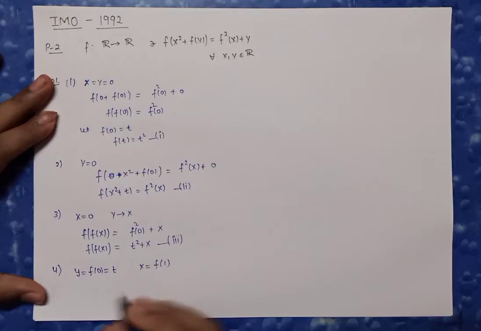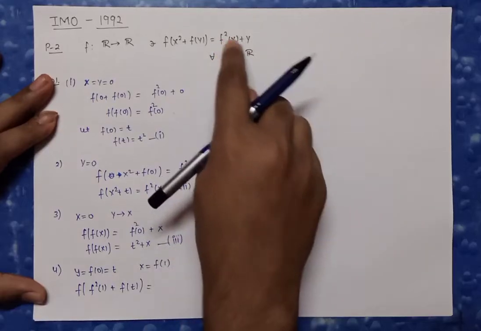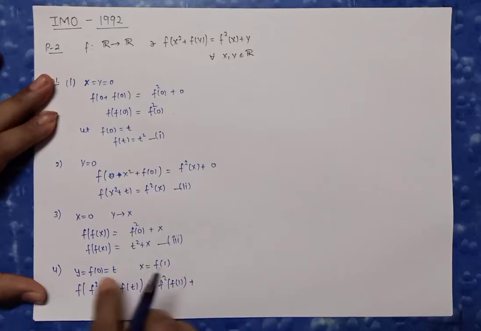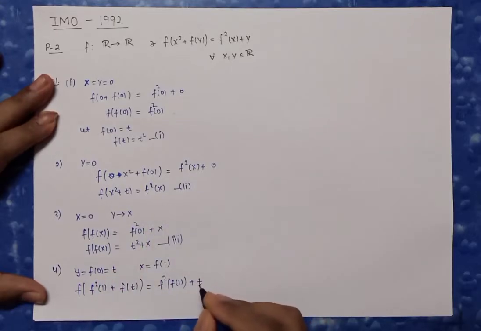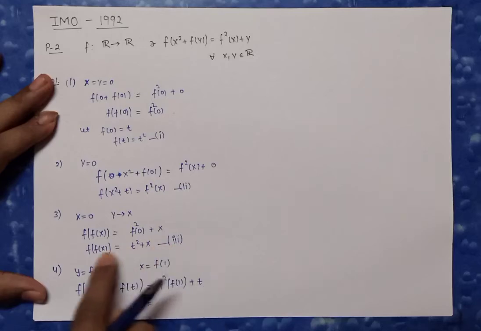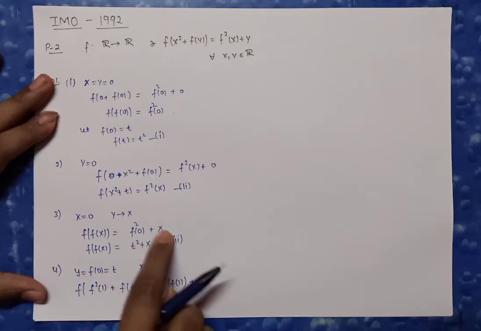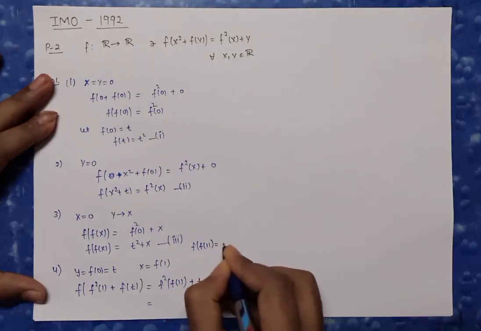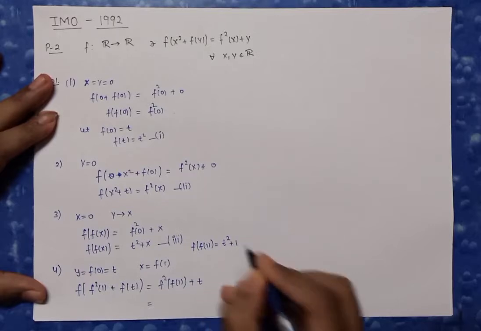With x equals to f of 1, f of square 1 plus y, where y is nothing but t, I can write here f of t equals f square f of 1 plus t. Now f of 1 square, if I substitute x equals to 1 in equation number 3, then I am getting f of 1 equals t square plus 1.